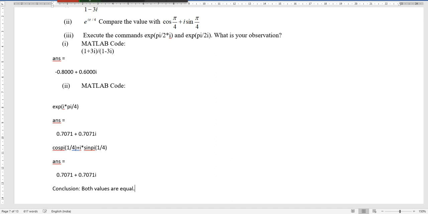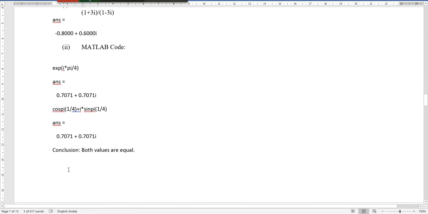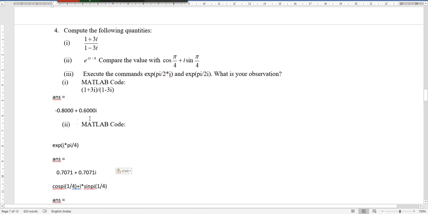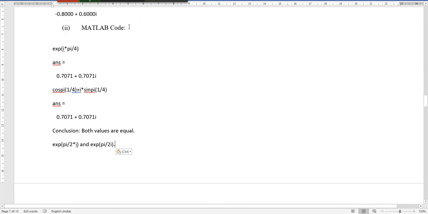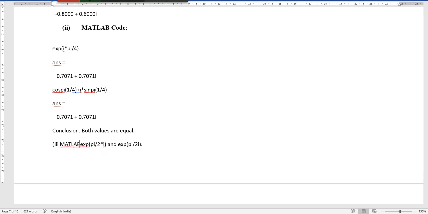Now coming to the third one, execute the command. Here the command is directly given in the third question. I will write 3, Matlab code.